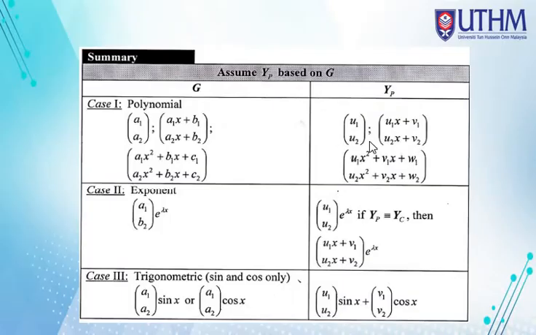If you refer to the table, here are the polynomials. Just now, the g component has x squared and x, and also the constant only. Therefore, your YP is U1 x squared plus V1 x plus W1.